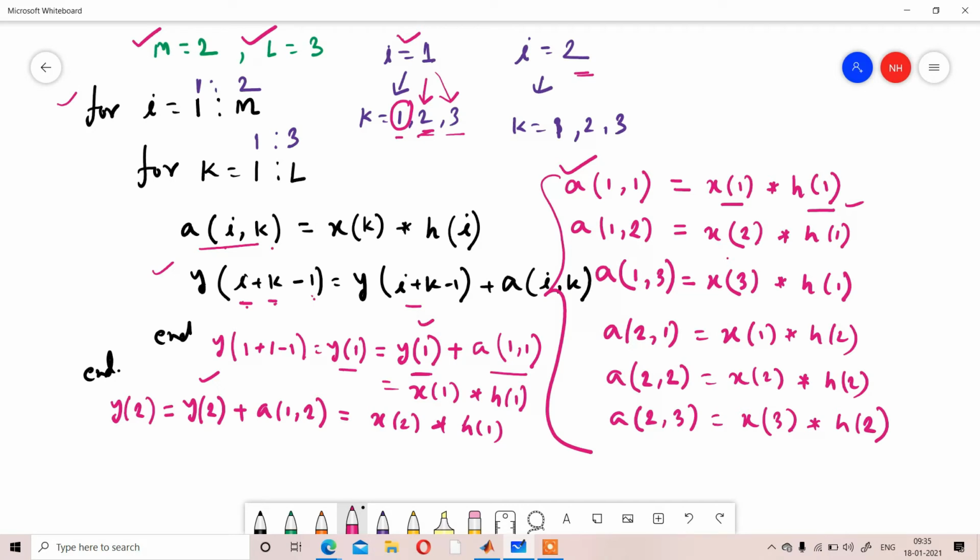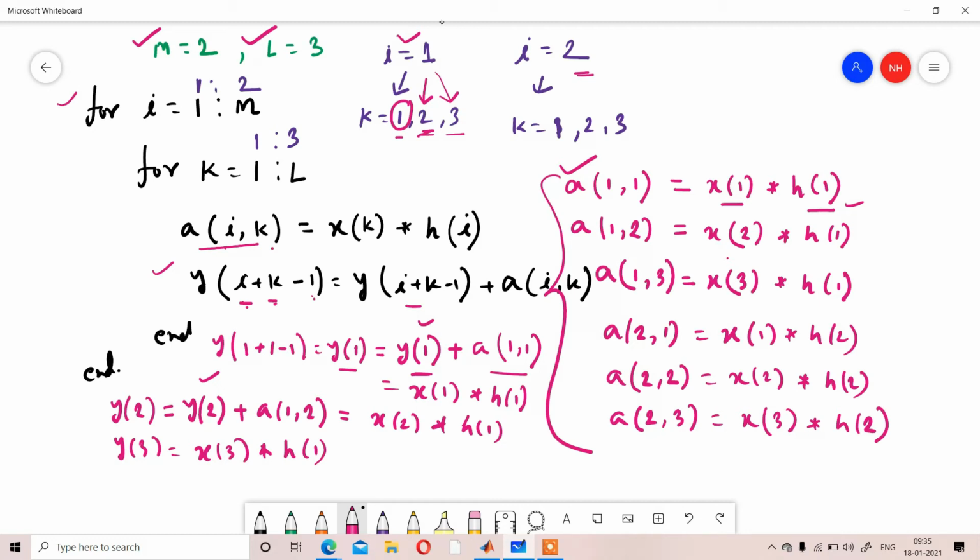That will be y2. Similarly y3. Again I equal to 1, k equal to 3. So for I equal to 1, if we put 1 plus 3, 4, minus 1, so it will be 3. So y3 you will get y3 plus a13, and the value is x3 h1. So you can check it, the result will come like that.